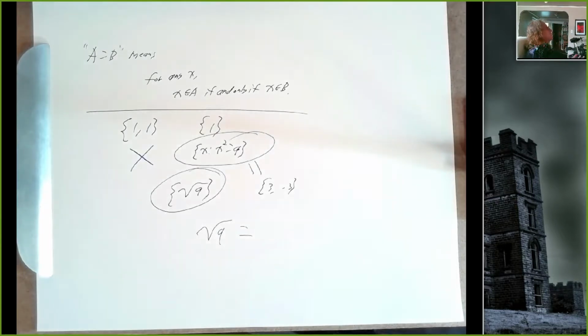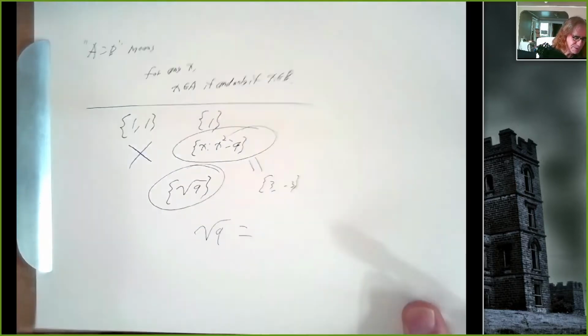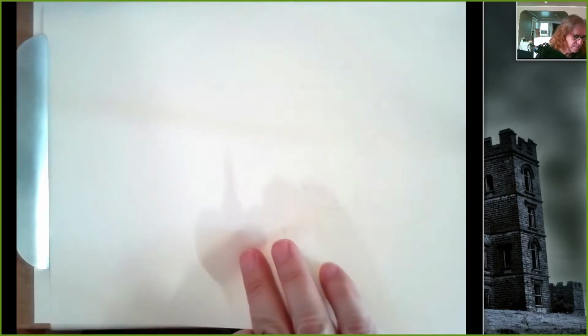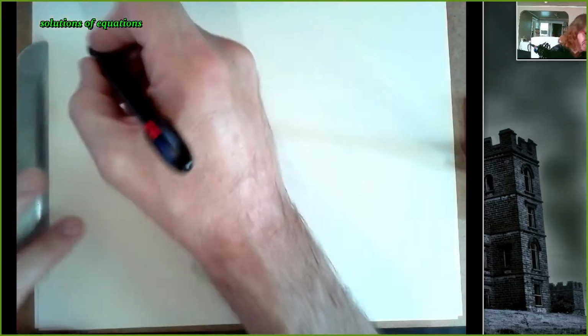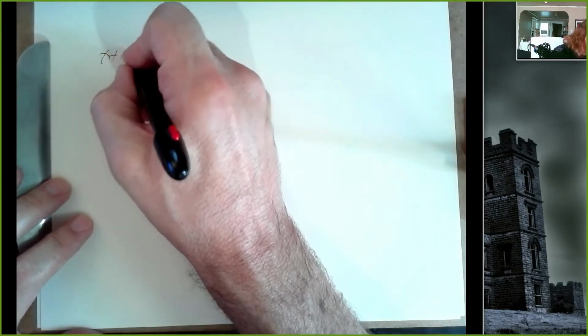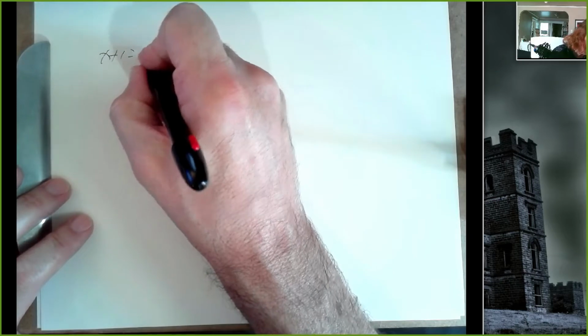And a lot of this business of sets of numbers comes from working with equations, right? If you start with whole numbers, we can say something like x plus 1 equals 5.